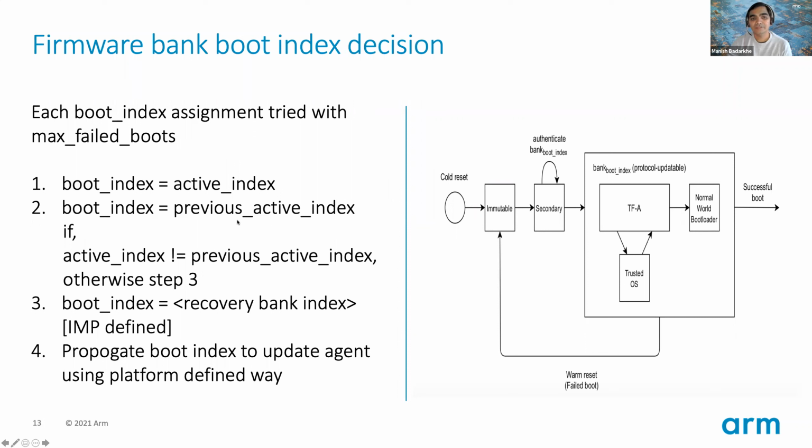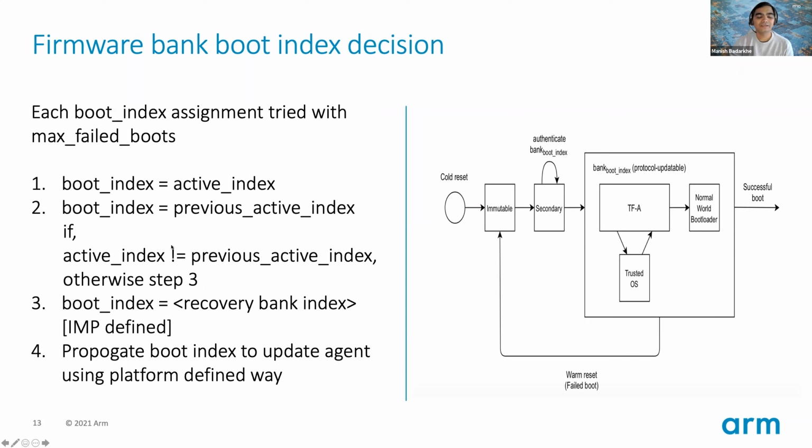And if this previous active index also fails the authentication, which may not happen because the previous active index is a proven one, it was working previously, but it may happen due to the aging effect of flash, some bits may flip and we may not pass the authentication.